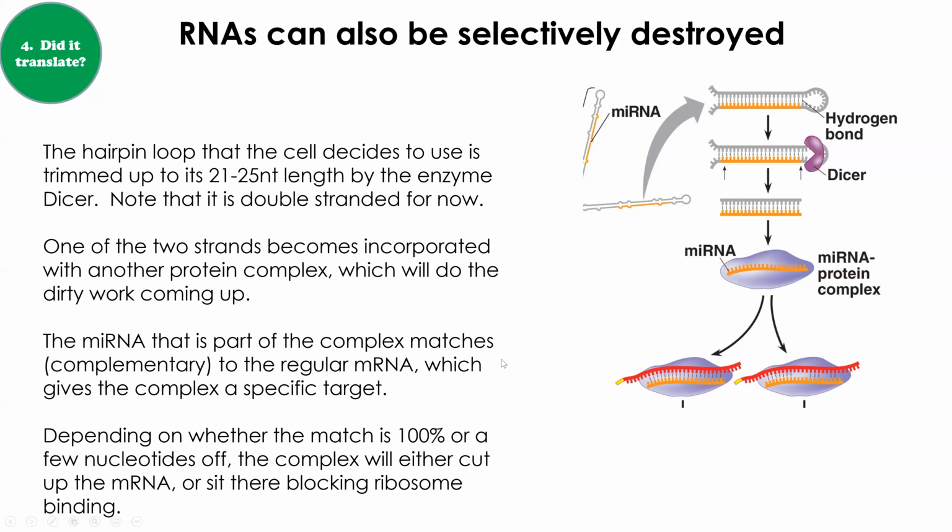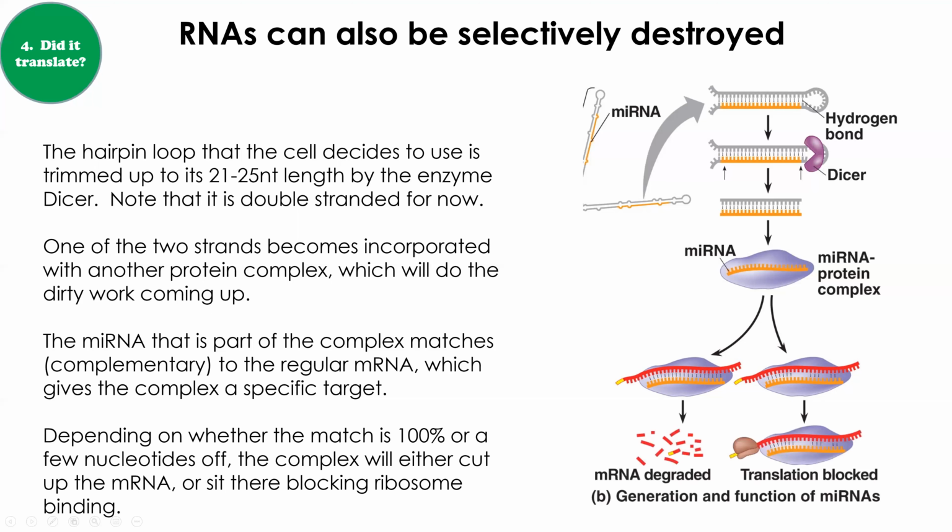So what happens next depends on whether we're going to have a 100% match or a partial match. If it's a 100% match, this protein complex chews up the messenger RNA. So this red messenger RNA, this is what would have coded for a protein. Goodbye. This situation makes it impossible to get any protein from this.